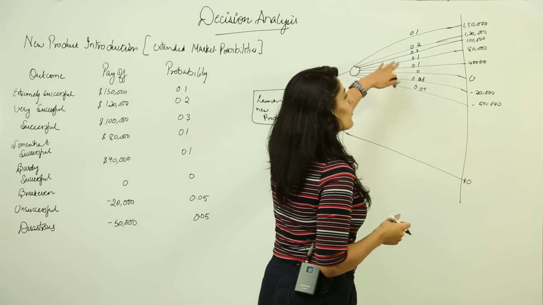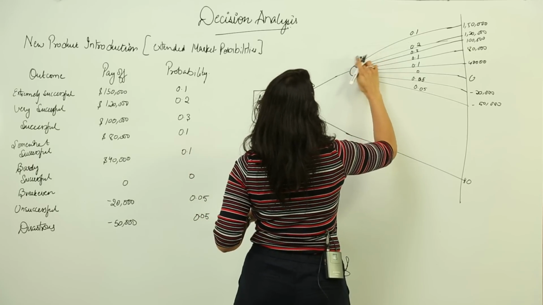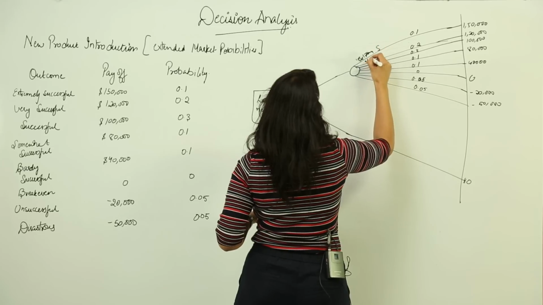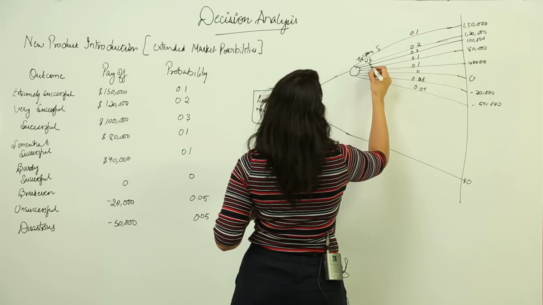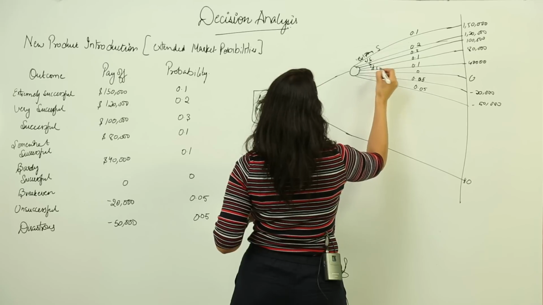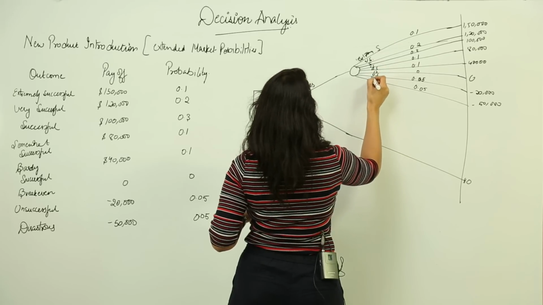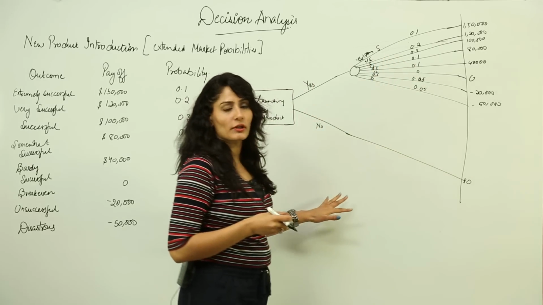So here if you want you can also mention that it's extremely successful, very successful, successful, somewhat successful, barely successful, break even, unsuccessful and disastrous, right? So this is how my decision tree would look.